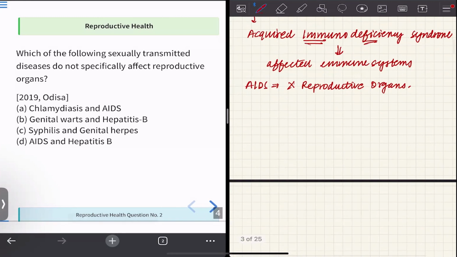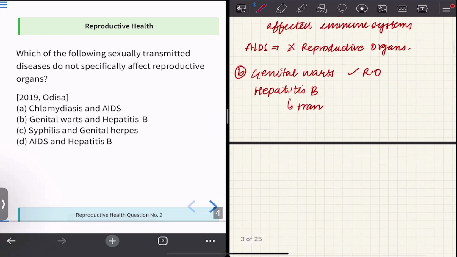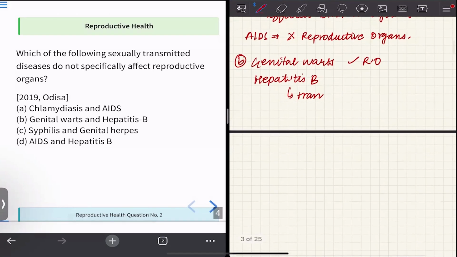Next, we have B as genital warts. Yes, genital warts affect reproductive organs. Next, we have hepatitis B. It is transmitted through sexual intercourse or sexual contact.